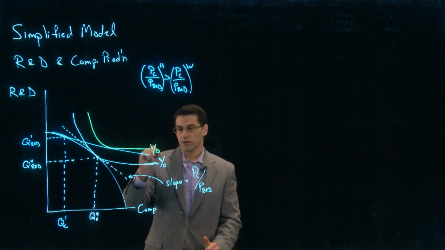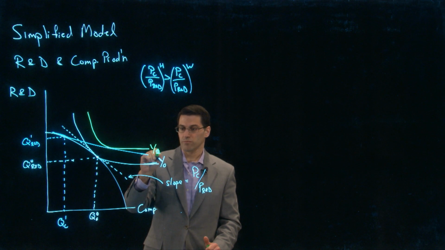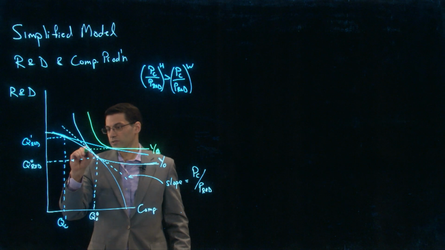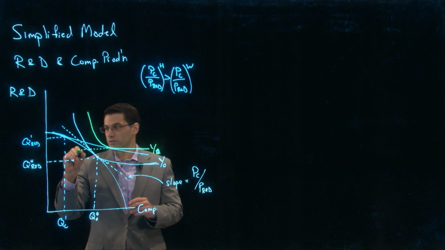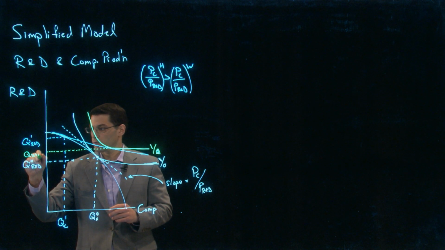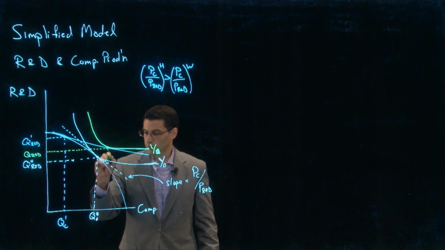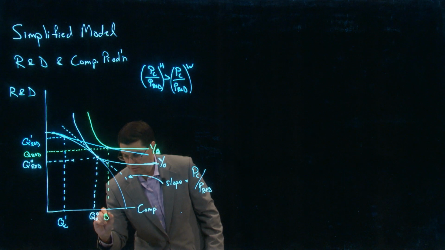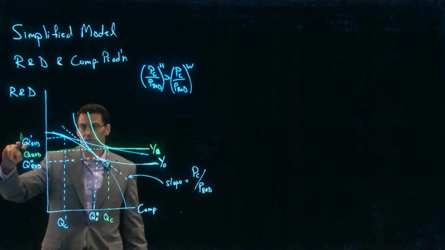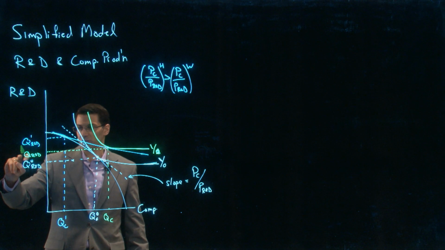So we're getting larger output, Y1. And so this is our consumption of R&D and components. So we're producing this much R&D, but we're consuming down here.